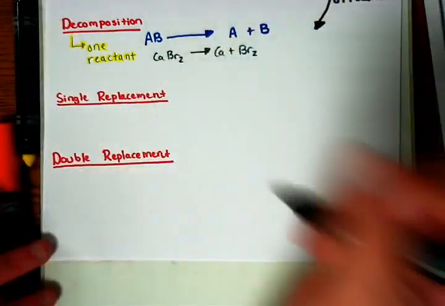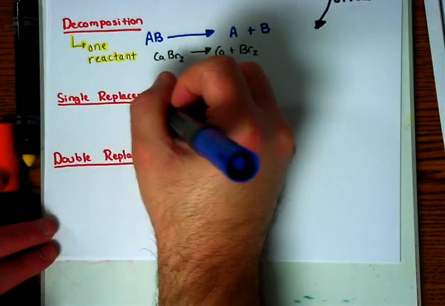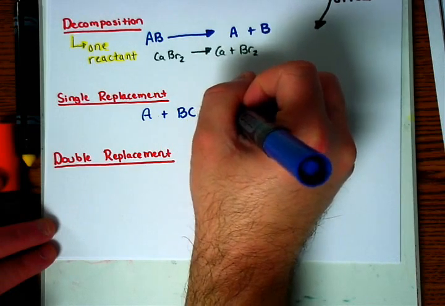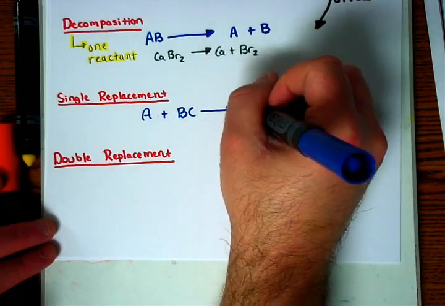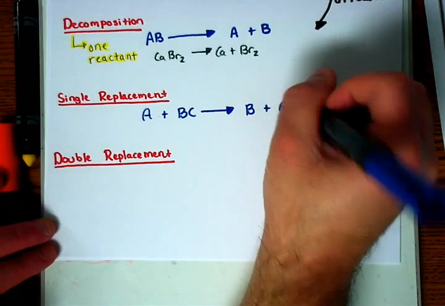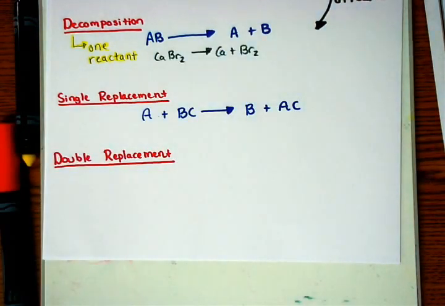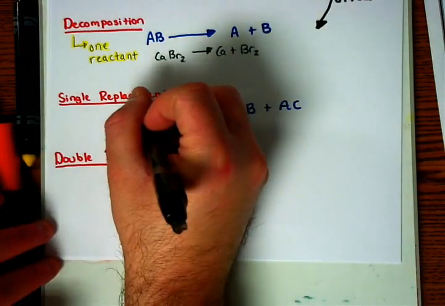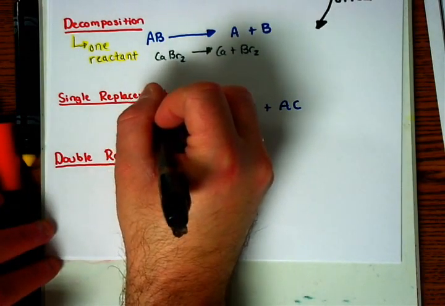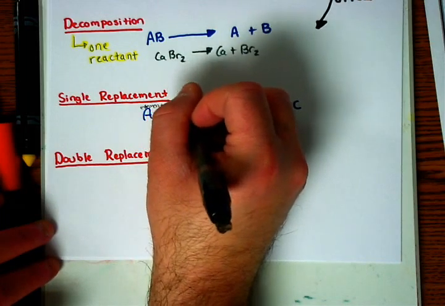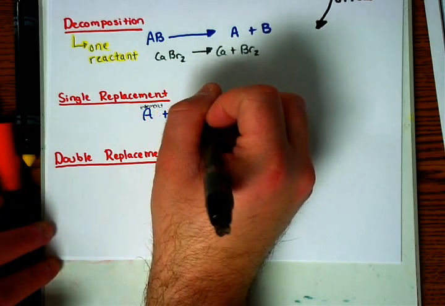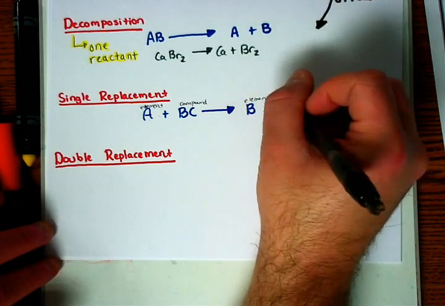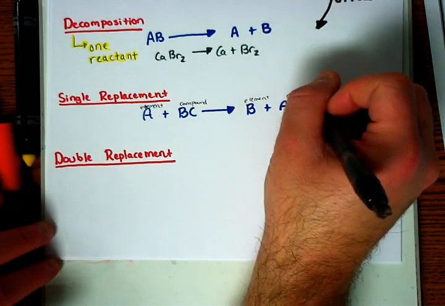In single replacement, watch this. Remember that A stood for an element, and then BC was a compound. So you have an element plus a compound, and you produce an element plus a compound. But recognize that everyone here is different.